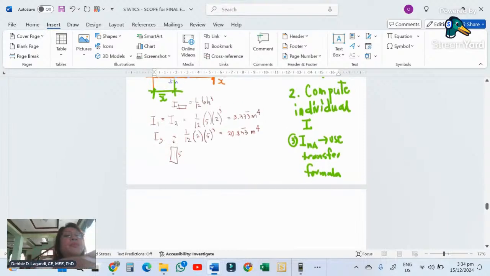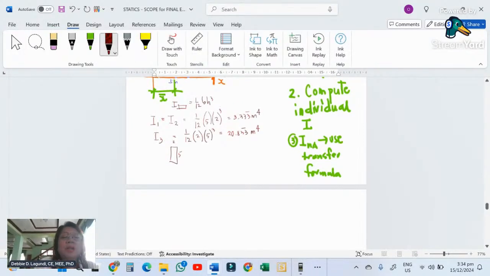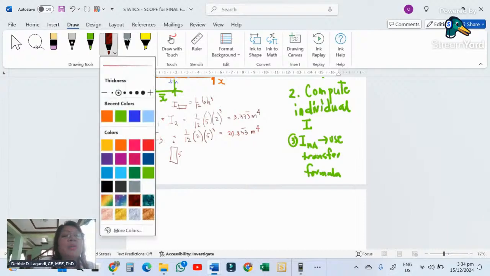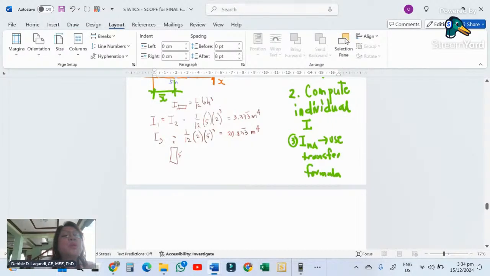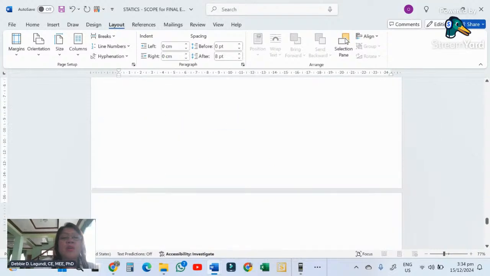There you go. So the third one is, this is now what we are looking for. Moment of inertia about the neutral axis. Let me just do a landscape orientation so I will have more space.